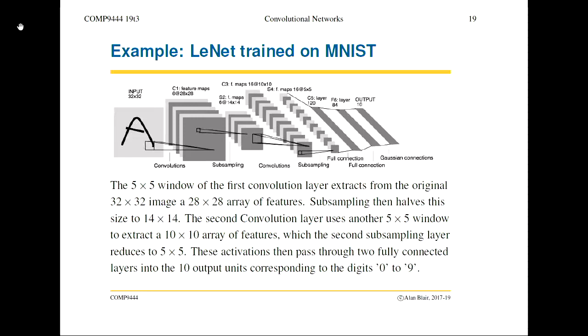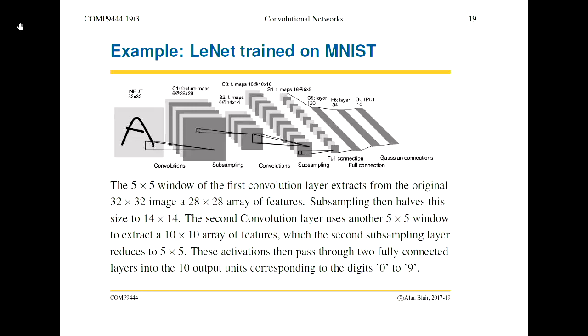I think it's good to see the big picture of how this works. We start with an image that's 32 by 32, and we apply this convolutional filter, 5 by 5. That layer has 6 filters, and each one is 28 by 28. So the size has been reduced a little bit.